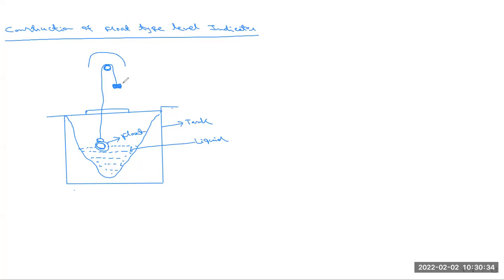This is a tank, and here we attach a scale. This is the pointer, the indicator. These are small scale divisions.